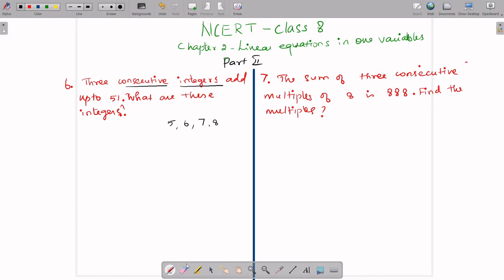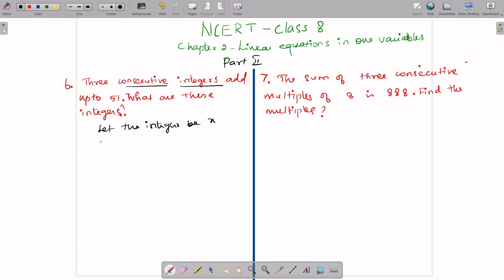We don't know the integers, so let the integer be x. After taking x, we have to take 3 consecutive integers, isn't it?